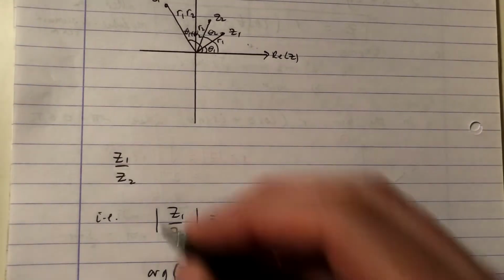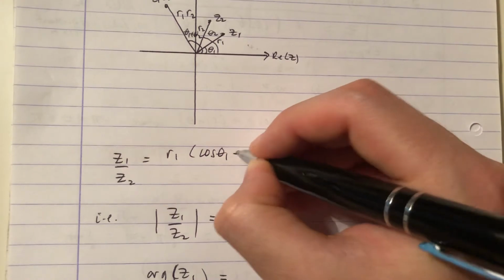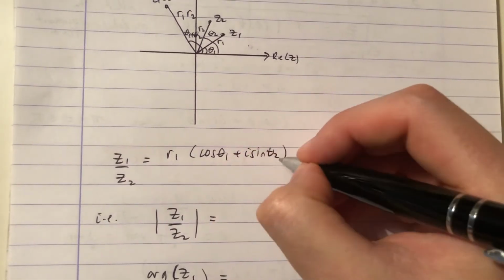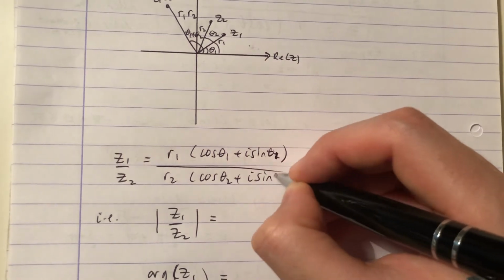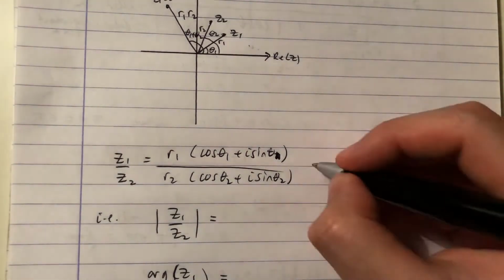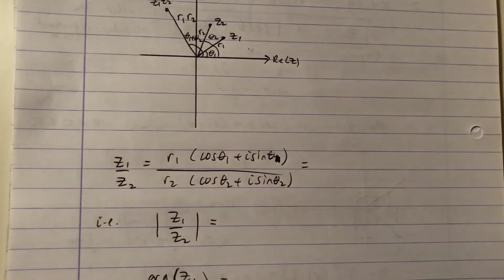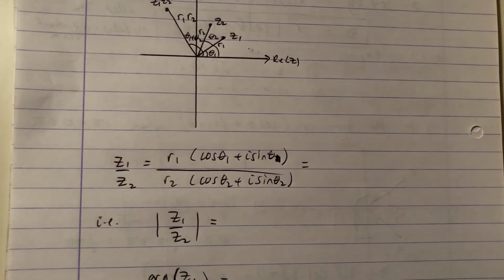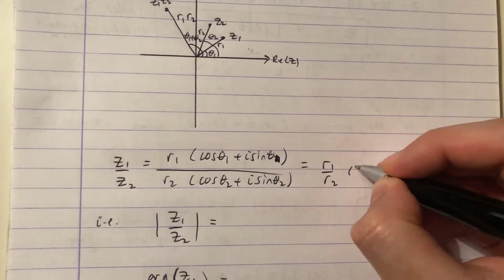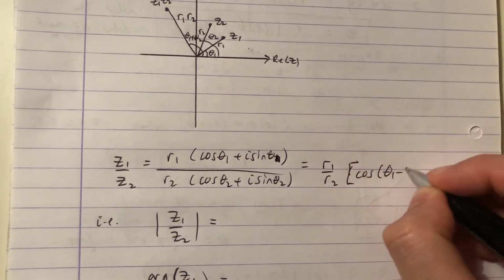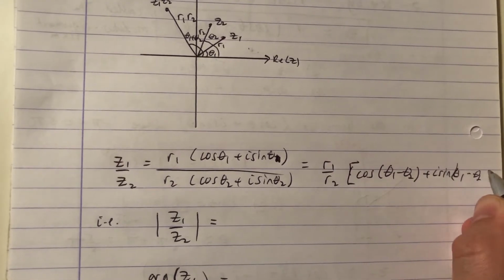What happens when you divide them? Well, if you bother to do r1 (cos theta 1 + i sin theta 1) over r2 (cos theta 2 + i sin theta 2), if you multiplied by the complex conjugate, using trig identities, expanding brackets, collecting like terms, all of that stuff, it would simplify to r1 over r2 brackets cos(theta 1 - theta 2) + i sin(theta 1 - theta 2).